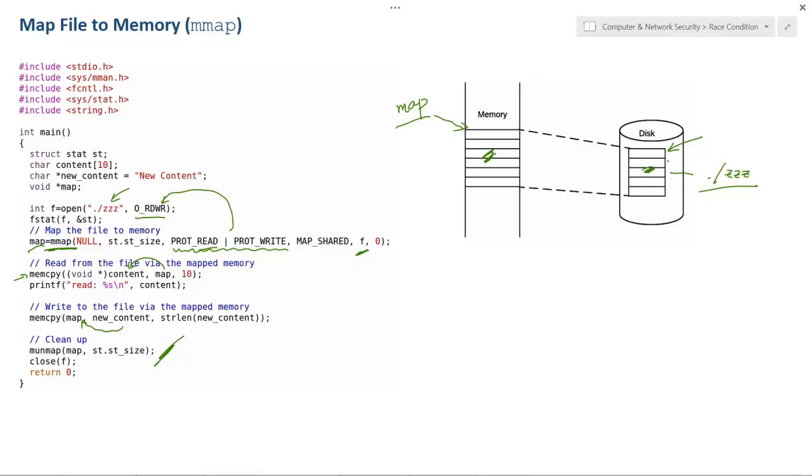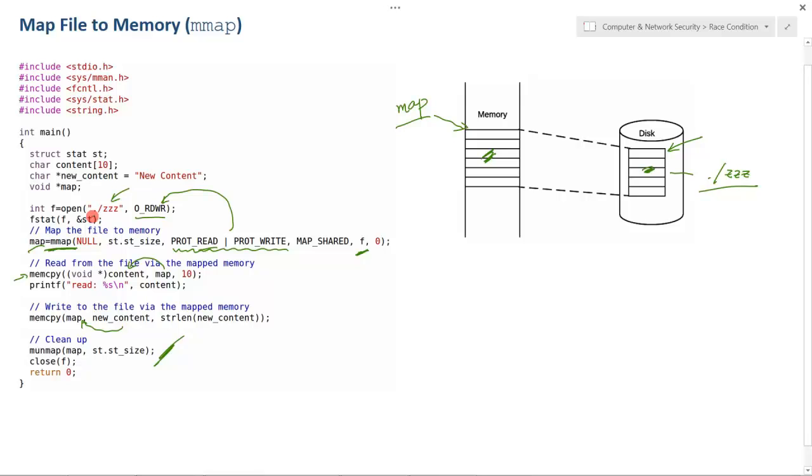There are many other applications, but this is one of the low-level mechanisms that is supported by the Linux system. So there's nothing wrong with that. There are protections: if it is read-only, you can only read; if it is read-writable, you can write.